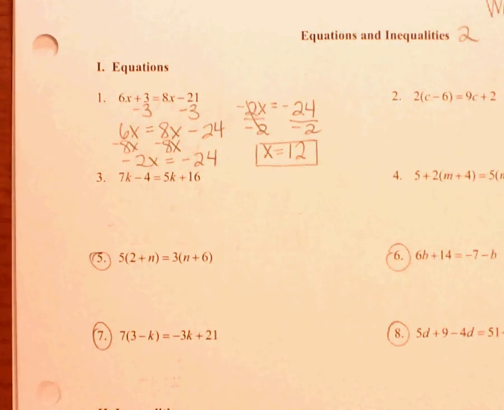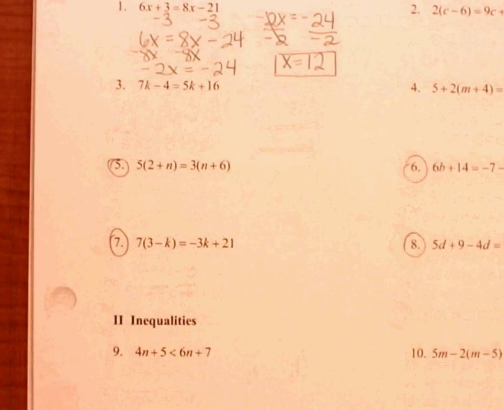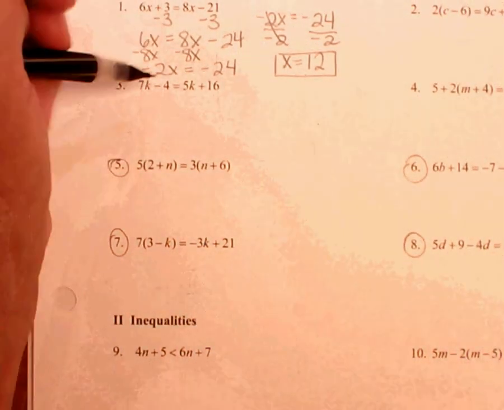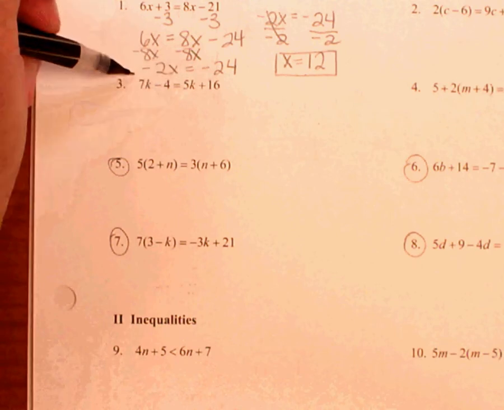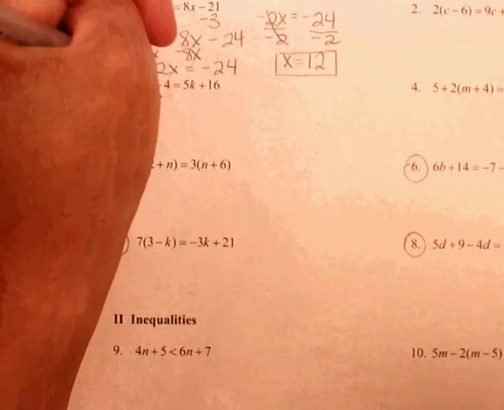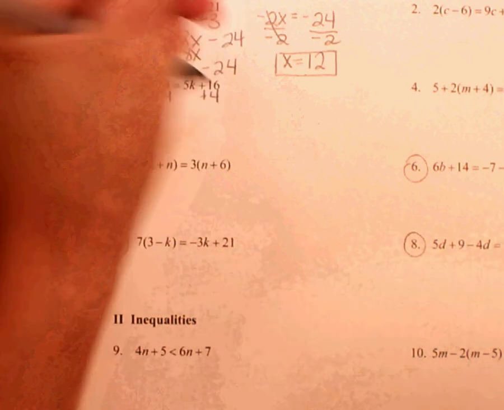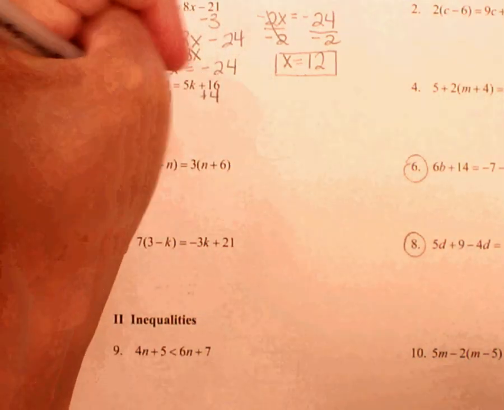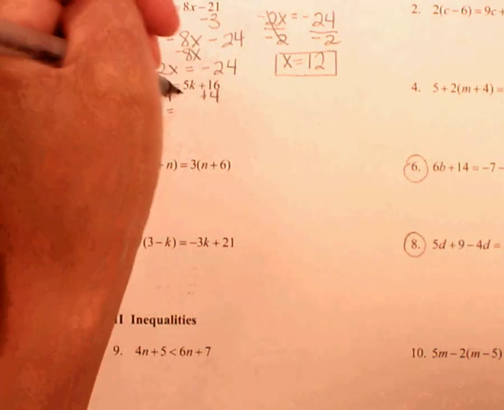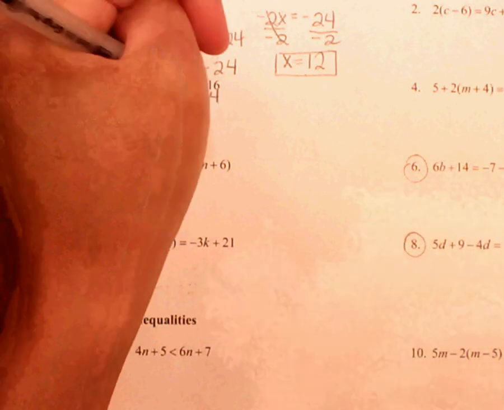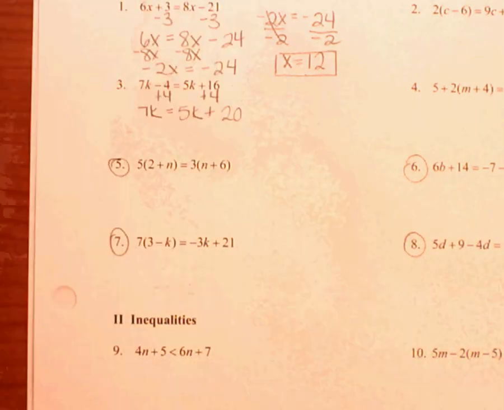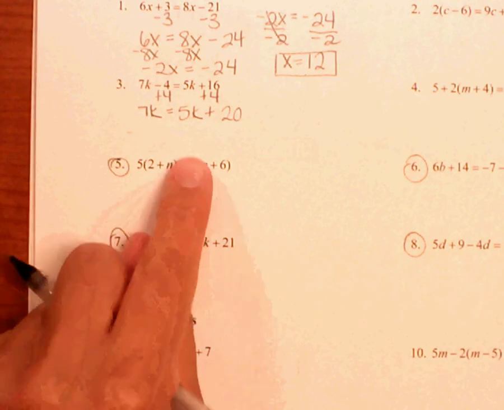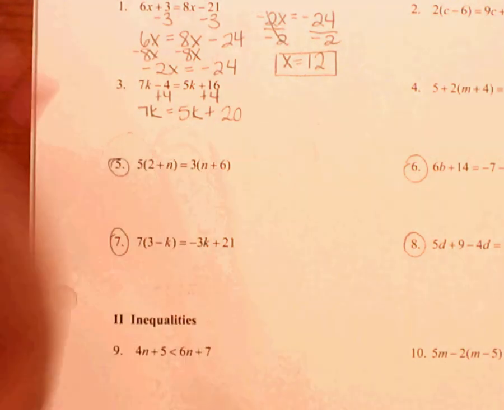Okay, I'm going to work number 3 with you. Numbers on one side, variables on the other. So I'm going to add 4, add 4. 7k equals 5k plus 16 plus 4, 20. Get this variable 5k to this side.